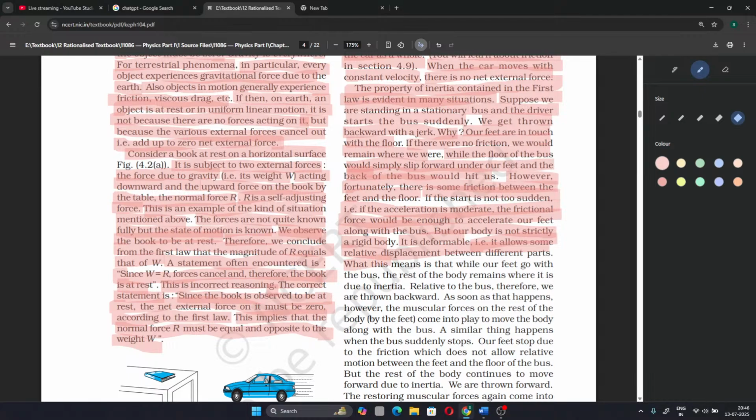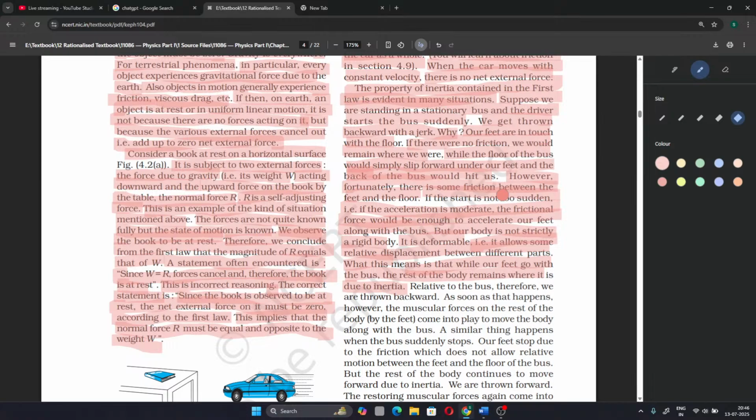What this means is that while our feet go with the bus due to friction, the rest of the body remains where it is due to inertia. If it were a completely rigid body, this would not happen. We won't jerk backward if it's a completely rigid body. Our body is not a rigid body.